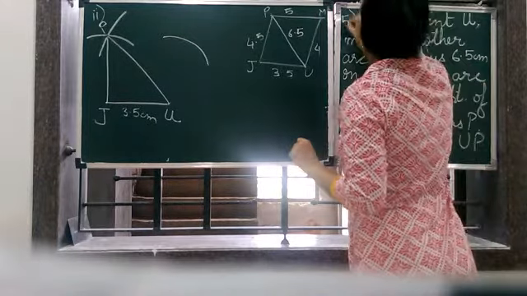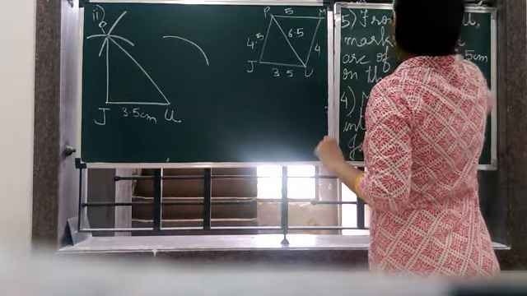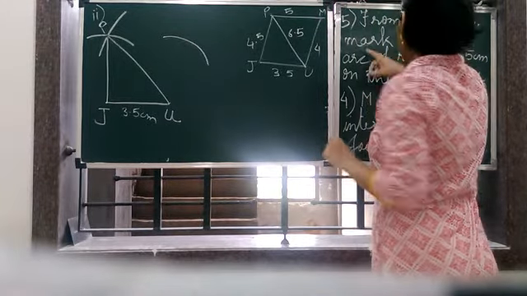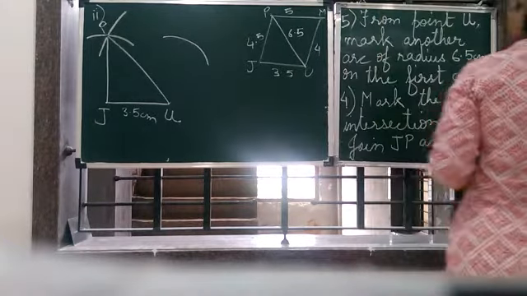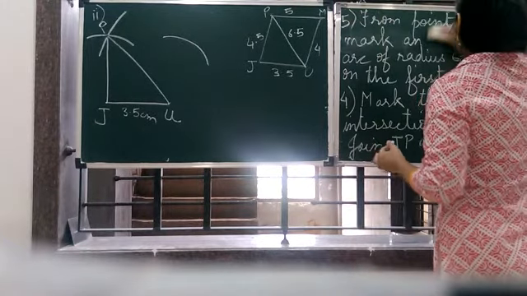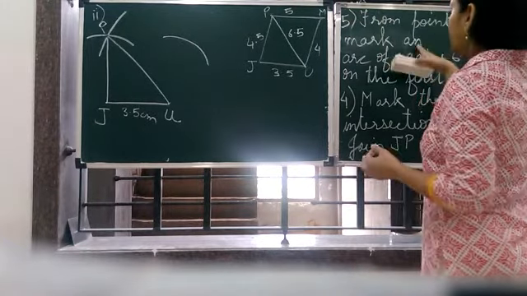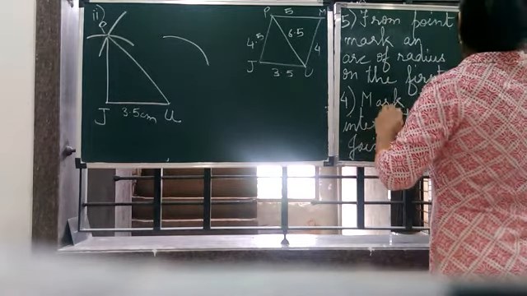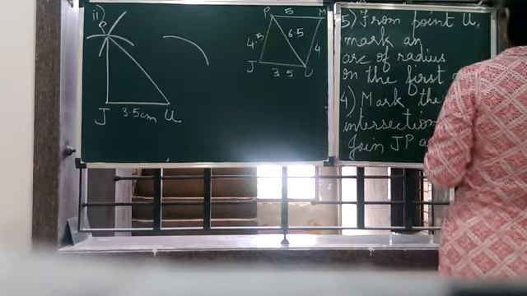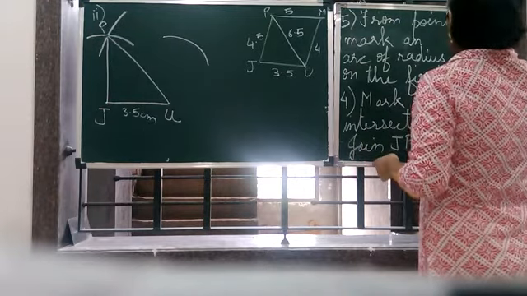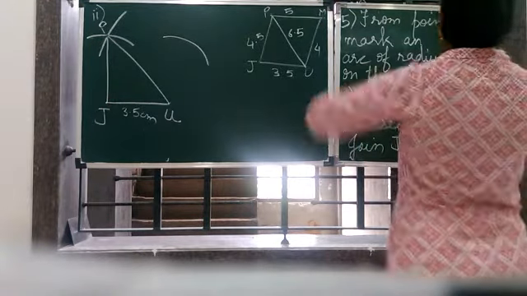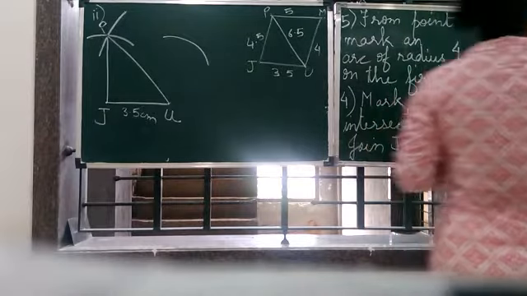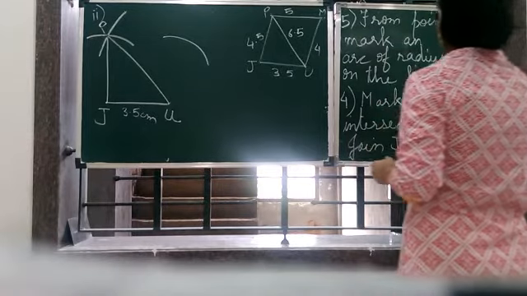So again we'll write that. Point number 5, from point U, mark an arc of radius 4 centimeters.